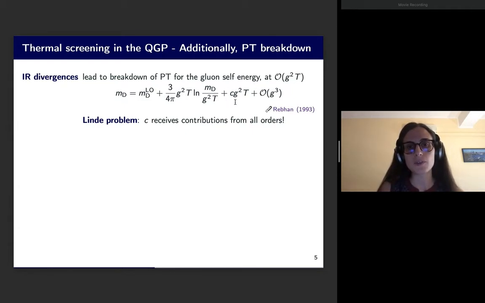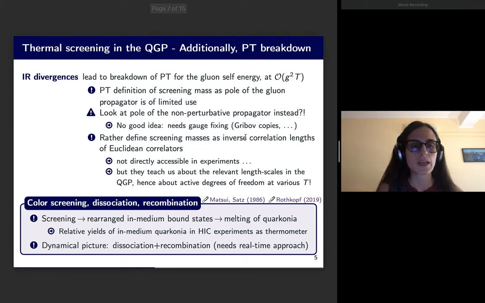And in particular, if we focus on this term, which contains a coefficient c, we remember that the Linde problem causes the fact that c receives contributions from all orders. And this means that the perturbative definition of screening masses as pole of the gluon propagator is really of limited use due to the breakdown of perturbation theory. One can think about looking instead at the pole of the non-perturbative propagator, but even that would not be a good idea, at least not from a lattice perspective, as we would need gauge fixing, and we know that we then encounter Gribov copies when we try to do that.